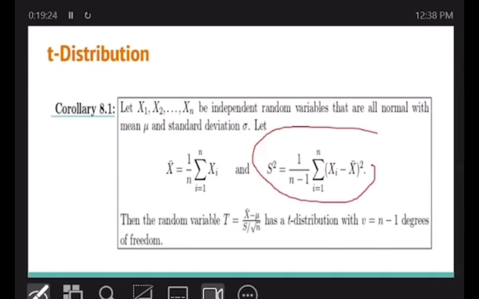I'm going to say that again. Why are we dividing the sample variance by the degree of freedom, n minus 1? Because dividing this by n minus 1 will make the sample variance an unbiased estimator of the population variance. Does that make sense? Okay, now that is that.